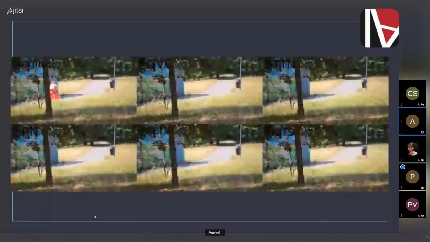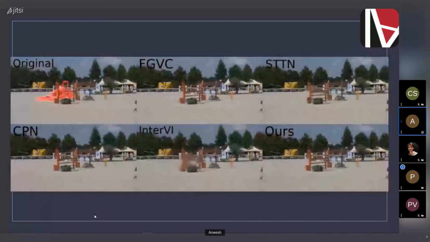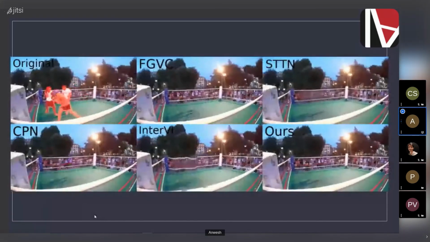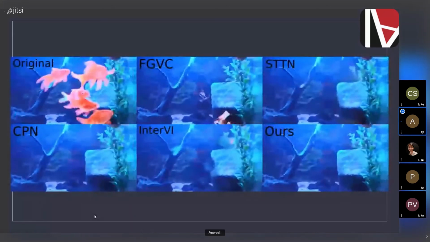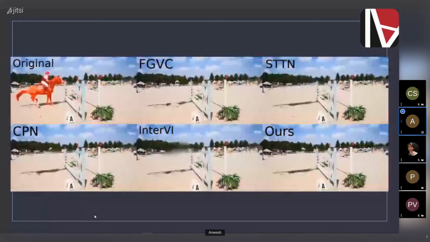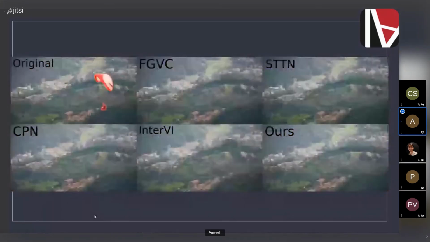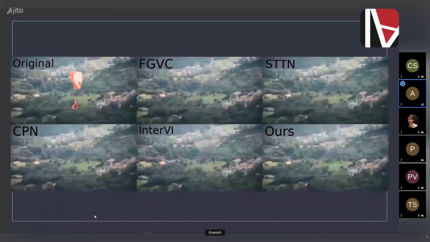As you can see, the other methods have been fed the same input, but they produce blurry and distorted images as frames. They fail to complete constantly blocked large missing regions and show abrupt artifacts.